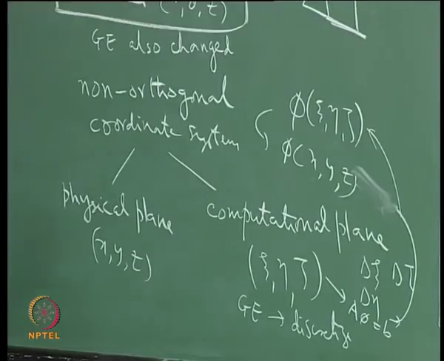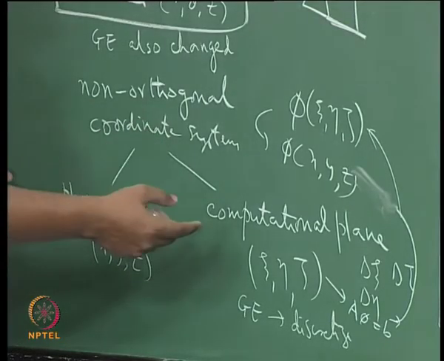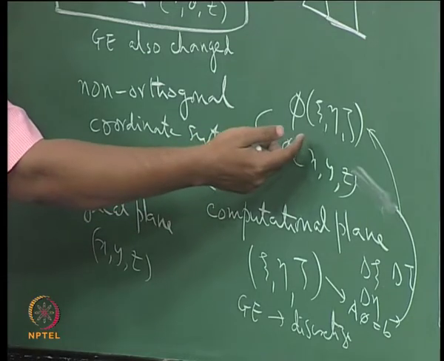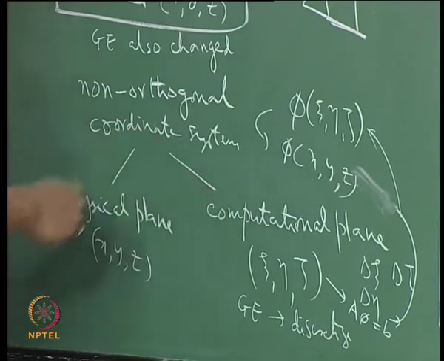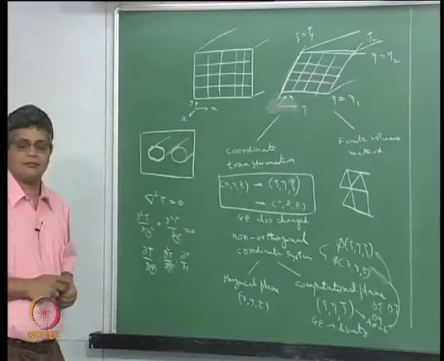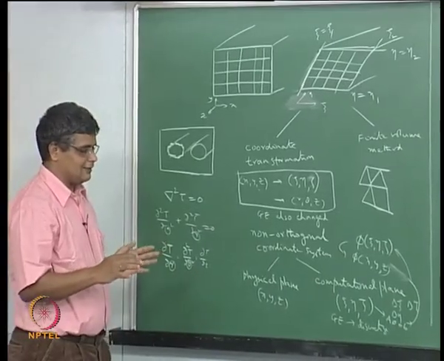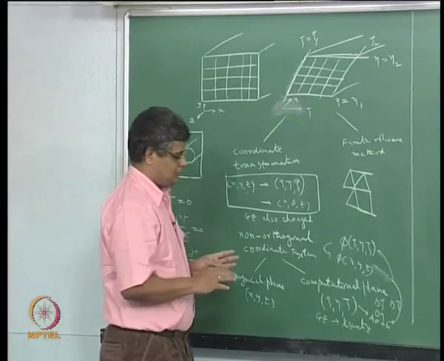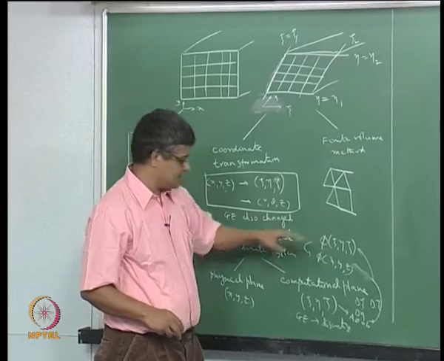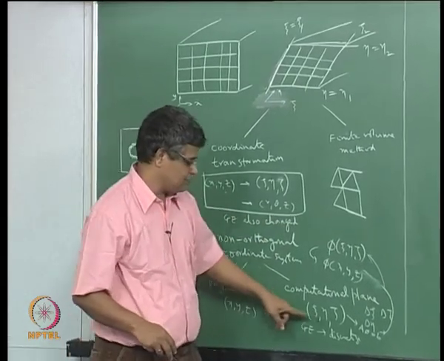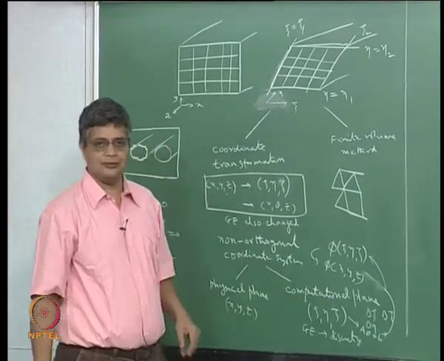And using that mapping between the physical space and the computational space, we map the solution back from the computational plane into the physical plane. So we have somebody else doing all the computations and giving us the solution, and that somebody else does not obviously work in xyz, he works in a coordinate frame of his own interest.